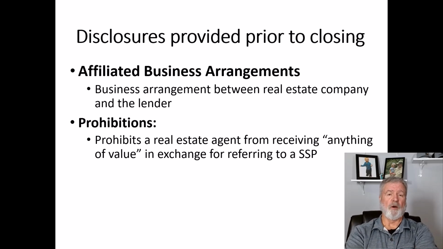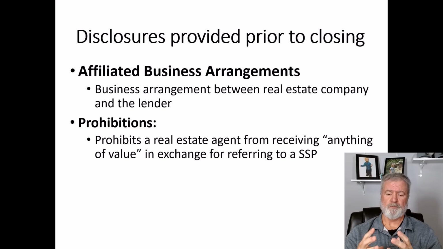So the real estate company, in addition to getting paid a commission, would also receive profits off of the loan if they used that lender affiliated with the real estate company. Again, that's legal, but that is something that has to be disclosed.